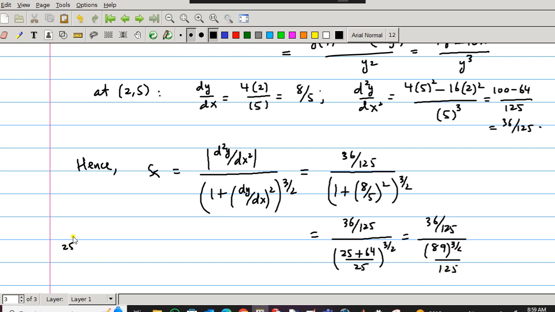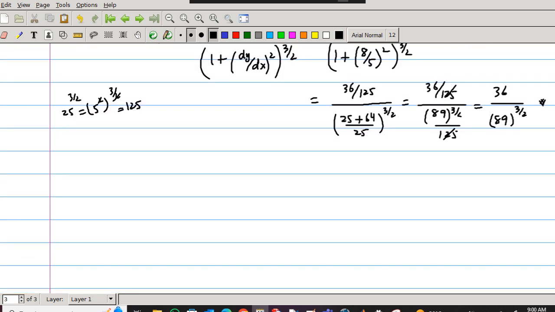Why? Because 25 to the power 3 by 2 is 5 square to the power 3 by 2. So 2 and 2 will cancel, and 5 to the power 3 is 125. That's how I got this. And why am I writing it? Because 125 will cancel. Your answer will become 36 over 89 to the power 3 by 2. You can leave your answer up to here. This is fine. If you want to find decimals, you can use a calculator, but up to this answer is fine.